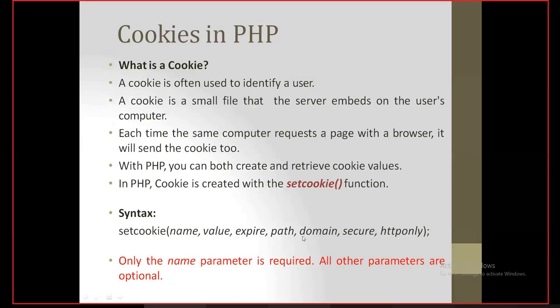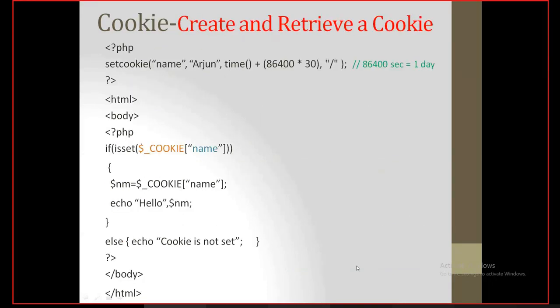So one thing to remember, that name parameter is compulsory, and along with the name, we need to provide some value for that cookie, right? All other parameters are optional. So here's an example in which we are trying to create a cookie.